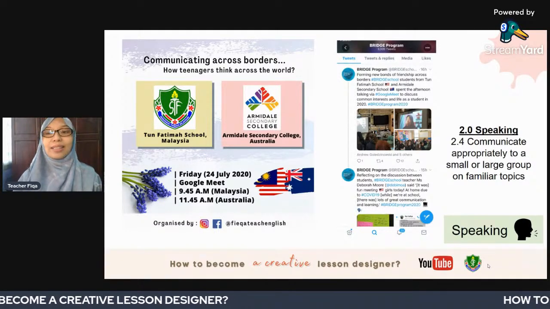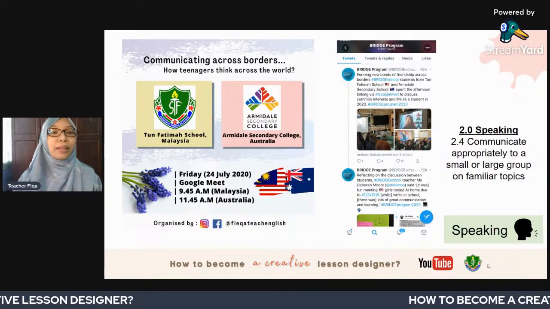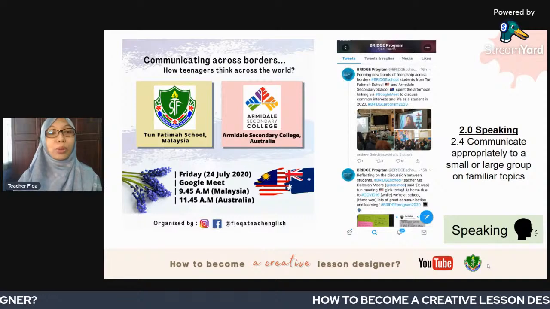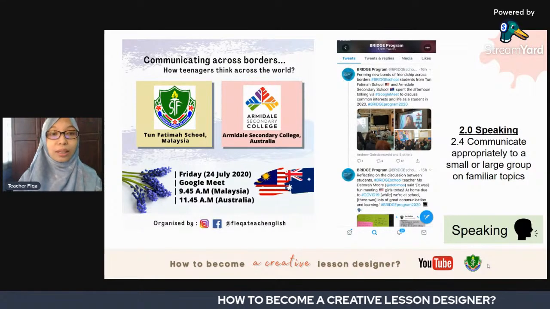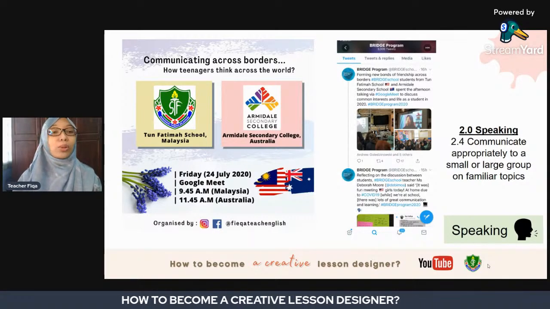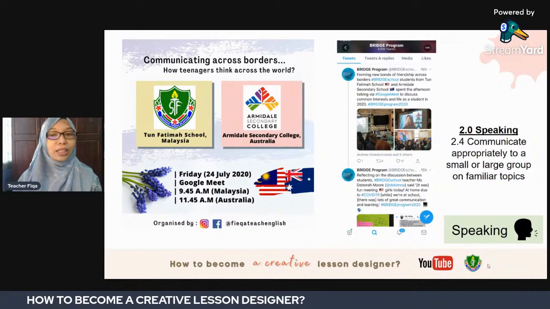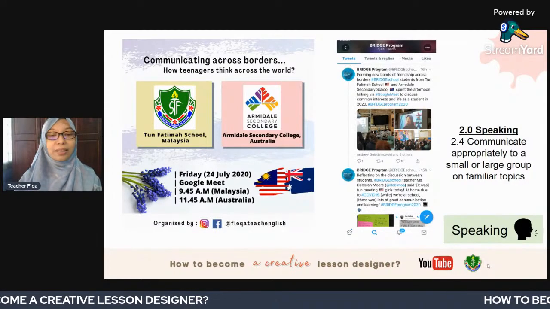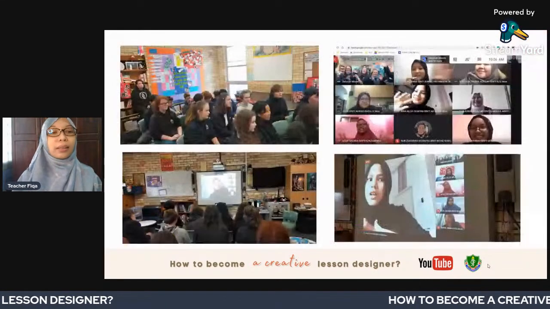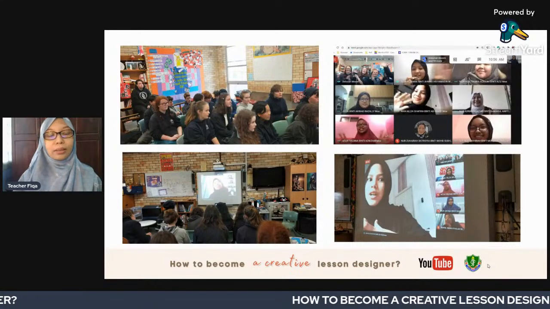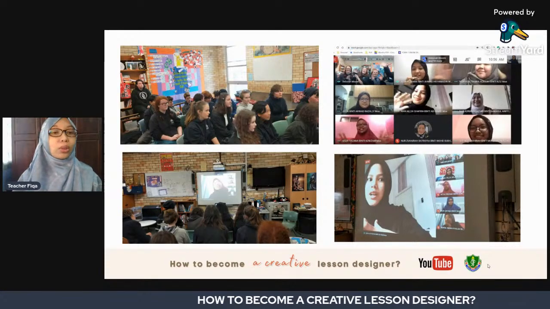All right, this project actually appeared on the International Bridge Program Twitter account, as you can see on the screen on the right side. And I'm so happy that they really acknowledged our sharing session that we did last year. These are some of the pictures from Australia on the left side, and also the Google Meet session.